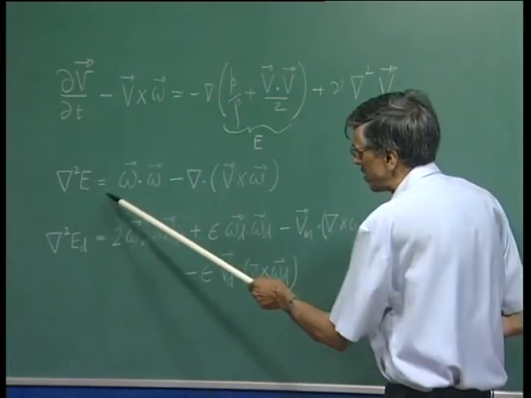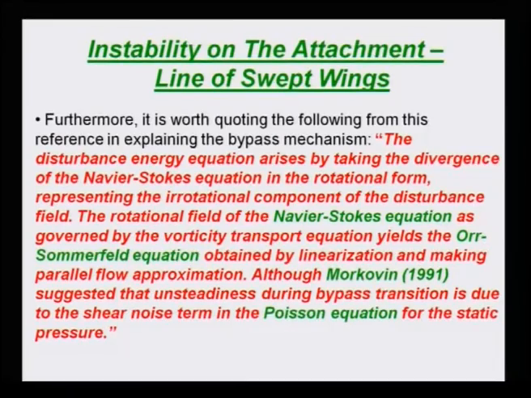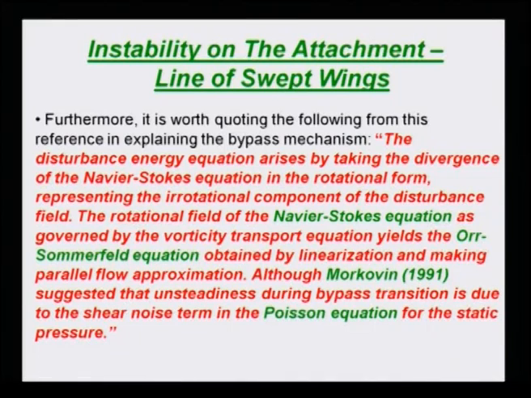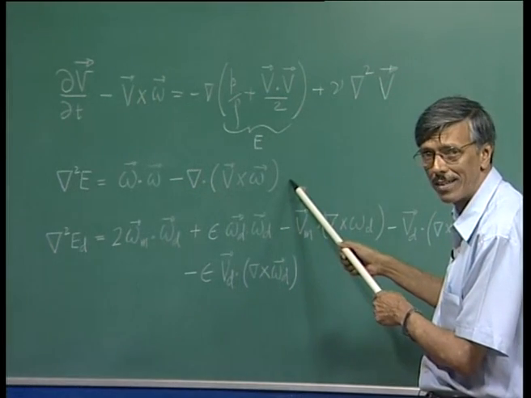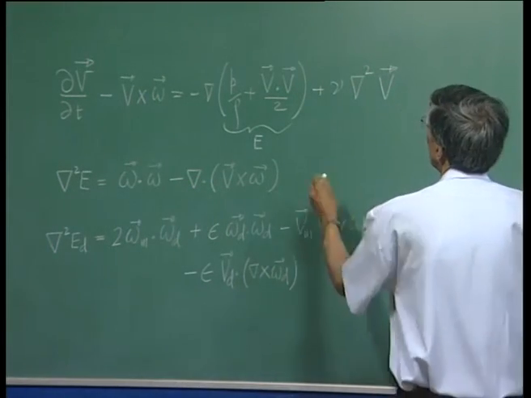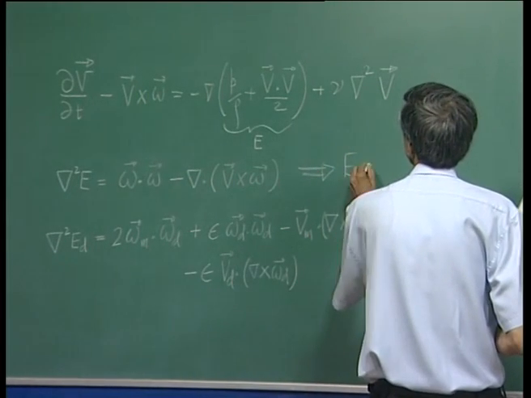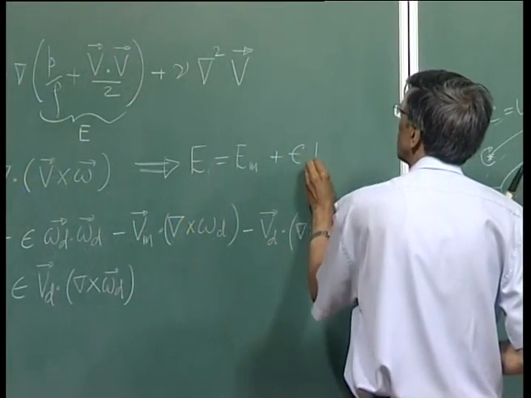How it evolves in space is given by this, and this is quoting from that paper by Sengupta and Dipankar. We noted in that paper that the disturbance energy equation arises by taking the divergence of the Navier-Stokes equation in rotational form. So, this is the total mechanical energy, and then what we did from here, we split the total mechanical energy into a mean part and a disturbance part.